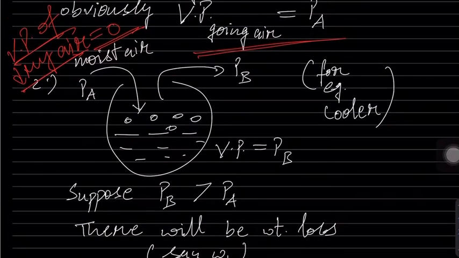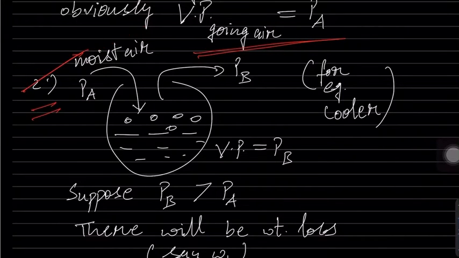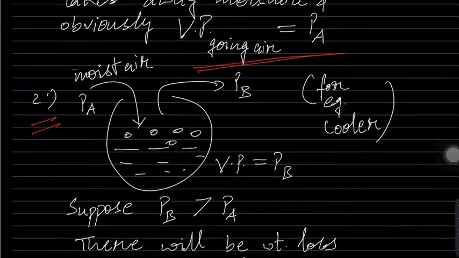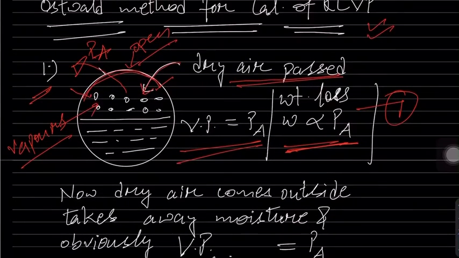Very well. So now we are coming to concept number 2. Concept number 2 says that from concept number 1, now the air is wet and it is maintaining a vapor pressure PA.